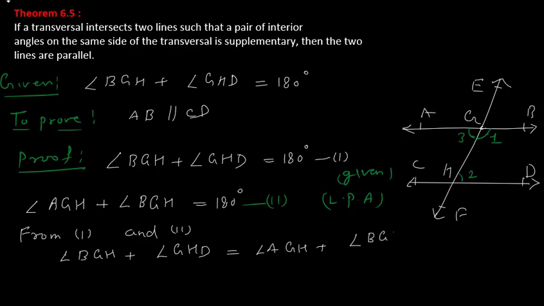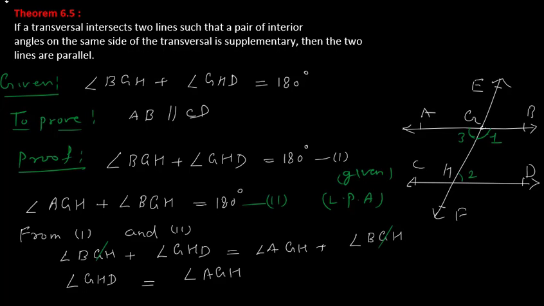Now angle BGH you will find is on the left hand side as well as on the right hand side, so you can cancel it, and after cancellation you will get angle GHD equal to angle AGH. So angle GHD is equal to angle AGH.